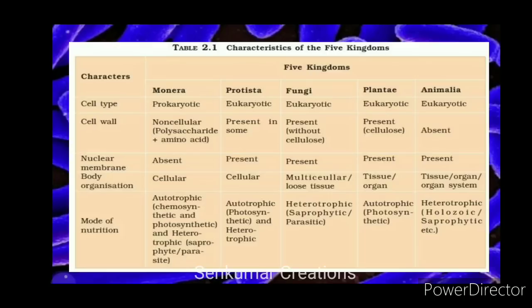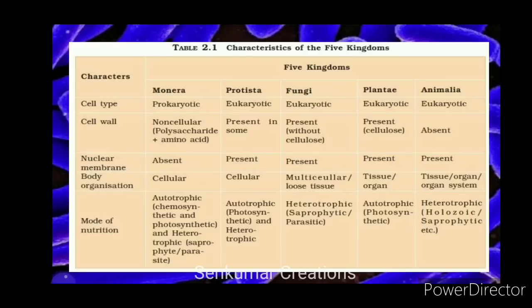And second, you can see the cell wall: non-cellulosic, polysaccharide plus amino acid. So a non-cellulosic cell wall is present in Monerans. Cell wall is present in Protista in some of the organisms, and some of the Protista do not have a cell wall.